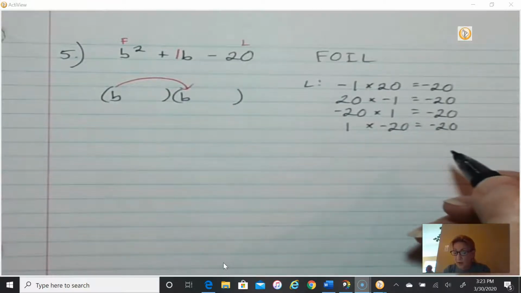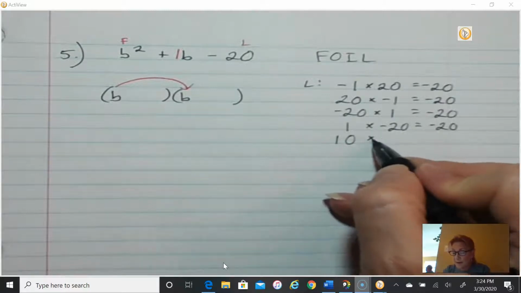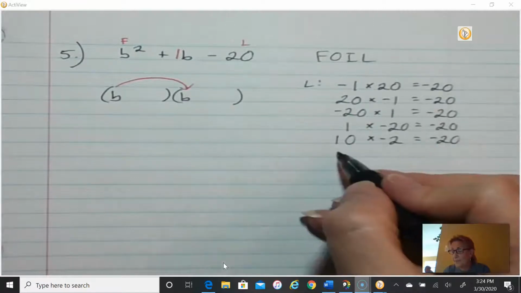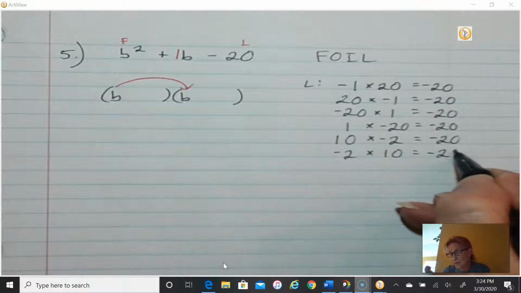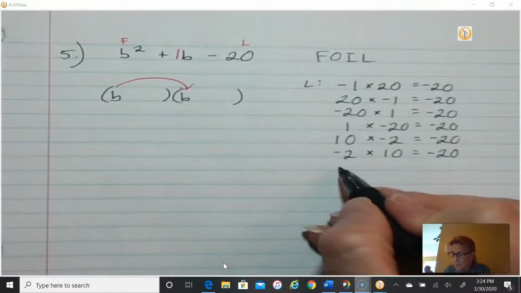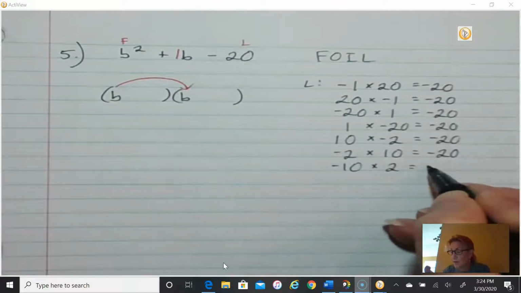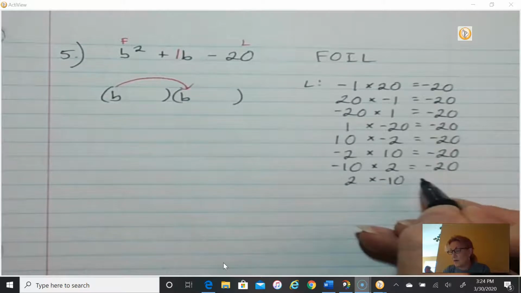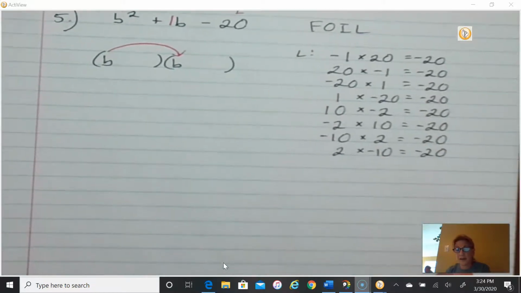Okay, now what are other ways? A positive 10 times negative 2. That gives me negative 20. You can flip it. And yes, later on you need to do that. Or you can have a negative 10 times a positive 2. Are there any other ways of getting negative 20?